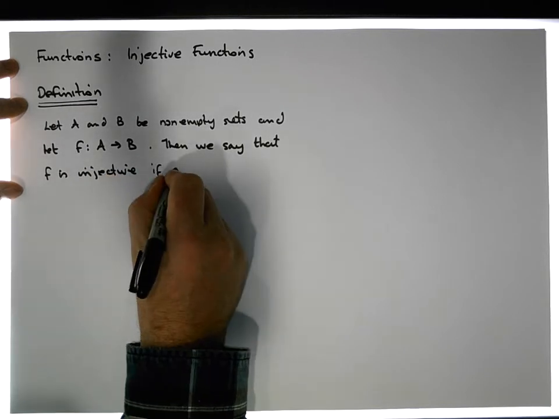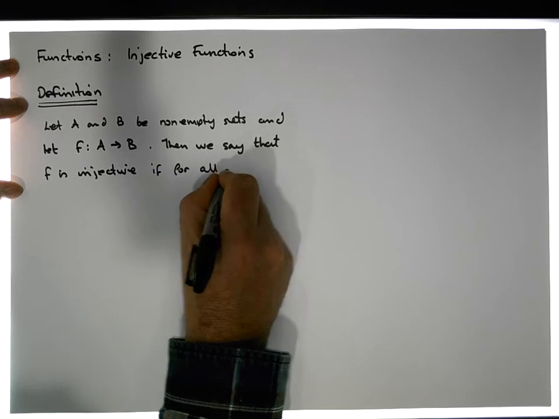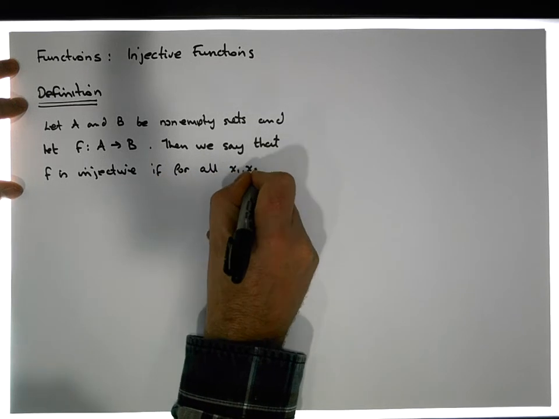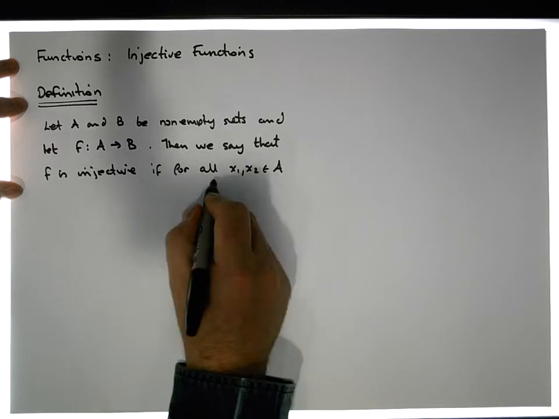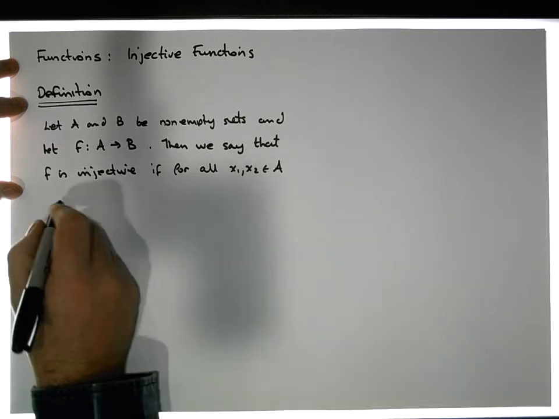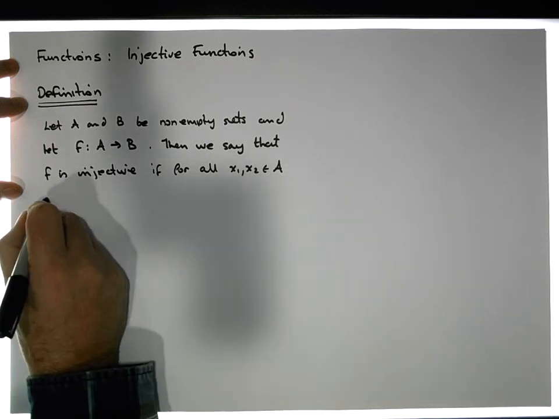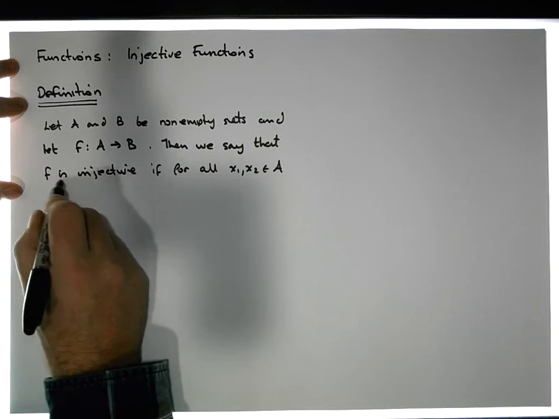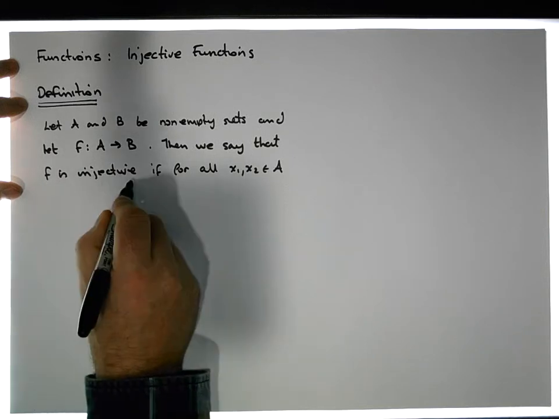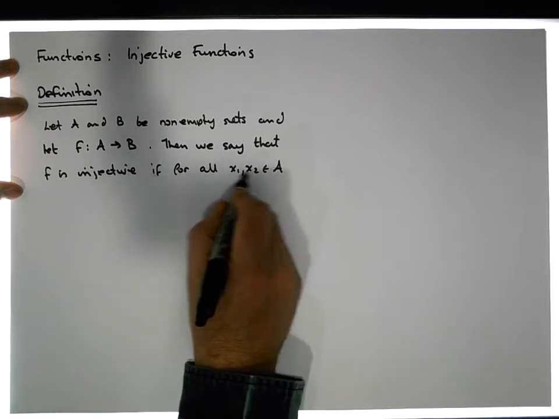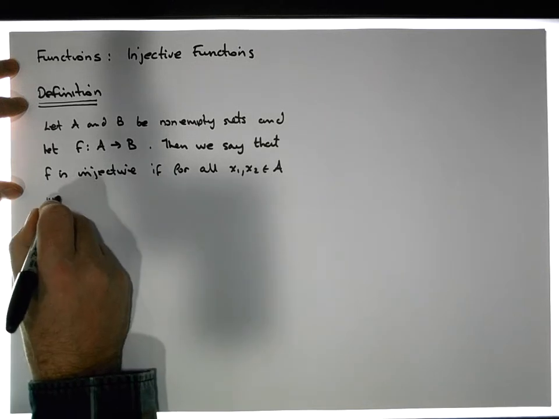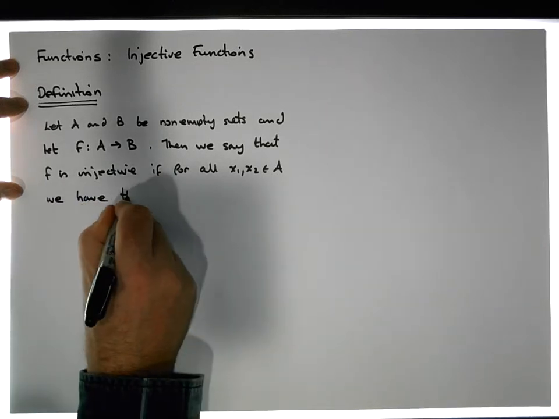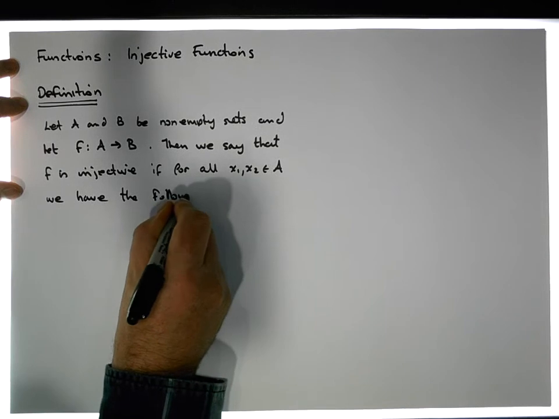We say that F is injective if for all x1 and x2 in our domain, we have the following, and I'm going to provide two definitions.